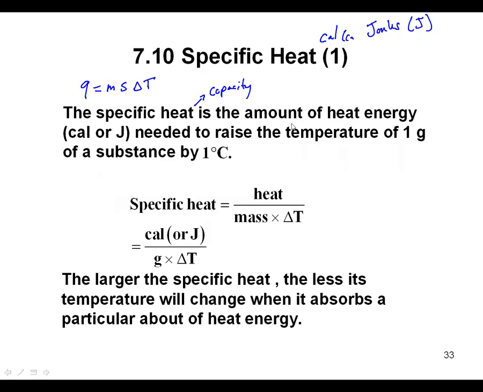And that's a conversion that's used a lot to convert between joules and calories. And when we look at this equation here, Q is heat, or energy. And again, it has units of joules or calories.